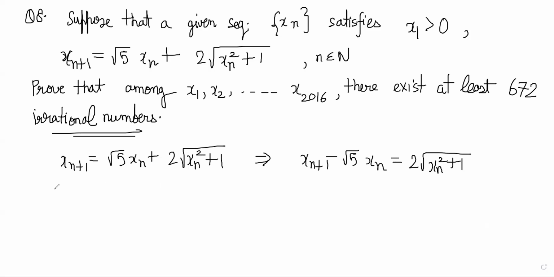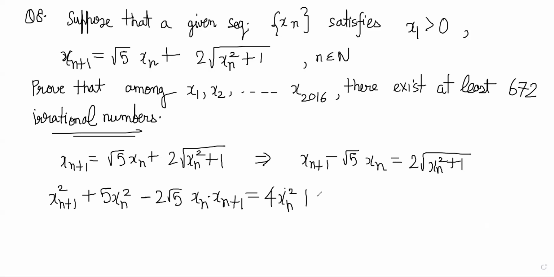And if we square this on both sides, we'll get (x_{n+1})^2 + 5x_n^2 - 2 root 5 x_n x_{n+1} = 4 times x_n^2 + 4, right? After squaring.